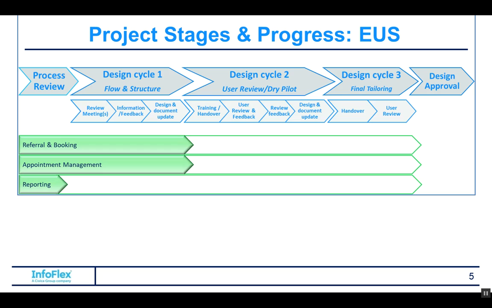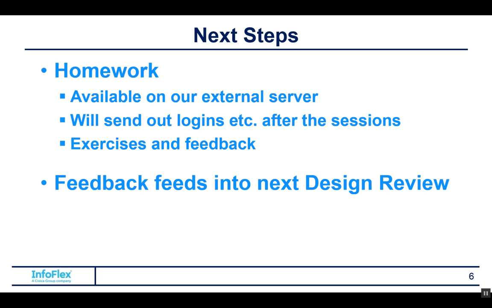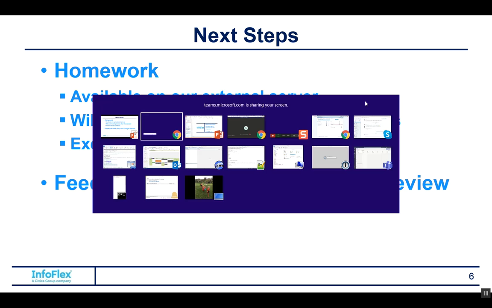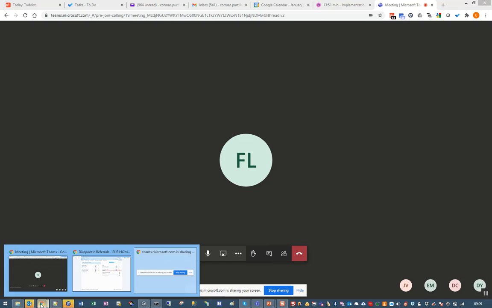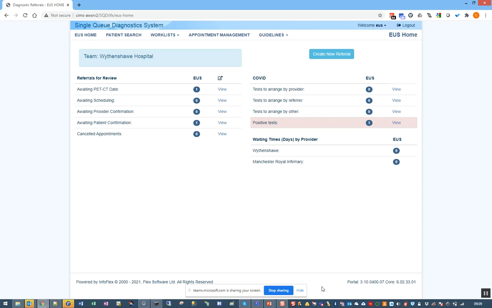I'll send out logins and things later, and provide us with any feedback from that, and that will feed into the next lot of updates. Then there'll be a final, hopefully small set of updates from that, and then we're good to go.